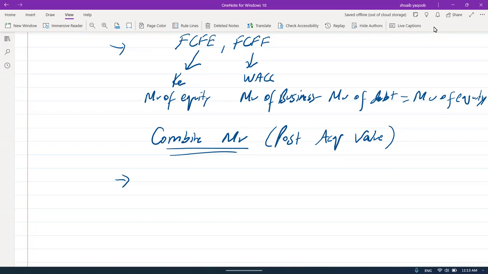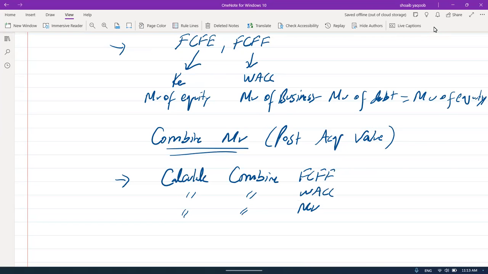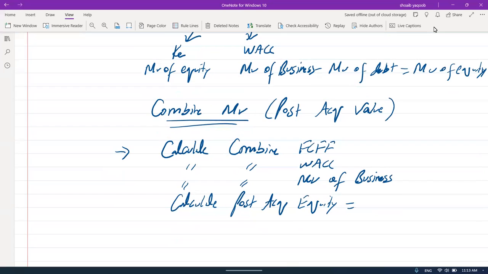The most lengthy method is: calculate combined FCFF, calculate combined WACC, calculate combined market value of business, and then calculate post-acquisition equity by deducting the debt from the market value of business, minus combined debt. This has been tested in Pursuit Limited.